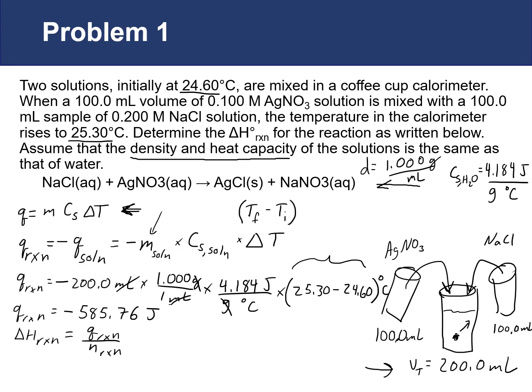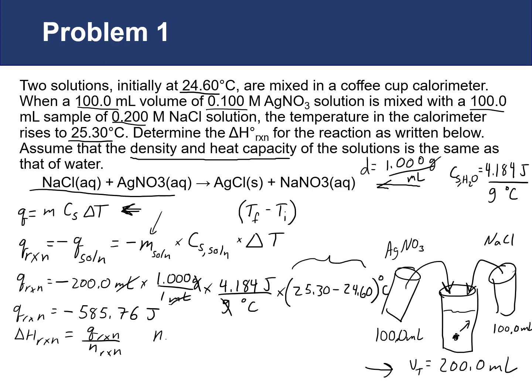If you look, the one that will run out first is the silver nitrate, right? And that's because it's 100 mils with a concentration of 0.1 molar, whereas the sodium chloride is 100 mils of 0.2. So there's twice as much sodium chloride as there is silver nitrate, and by our balanced chemical equation, it's a 1-to-1 ratio. So this tells us that the silver is going to run out first.